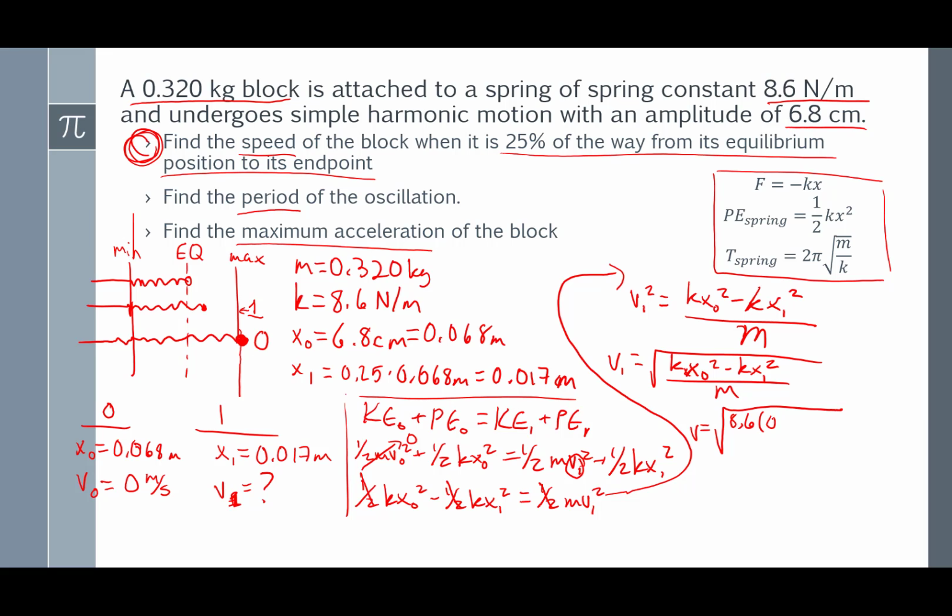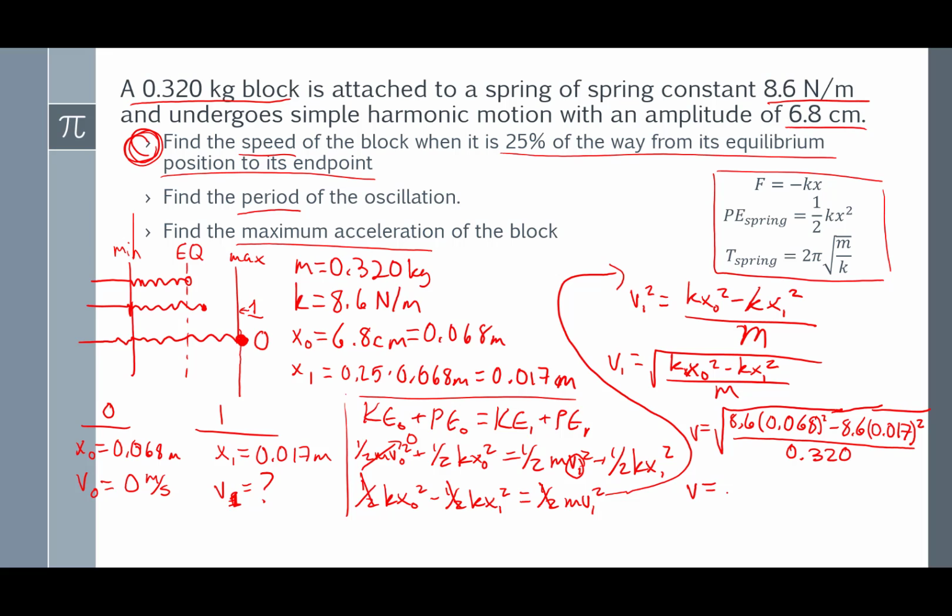X0 is 0.068 squared, minus 8.6 times 0.017 squared, divided by our mass in kilograms, which is 0.320. And we plug that into a calculator to get our final answer.